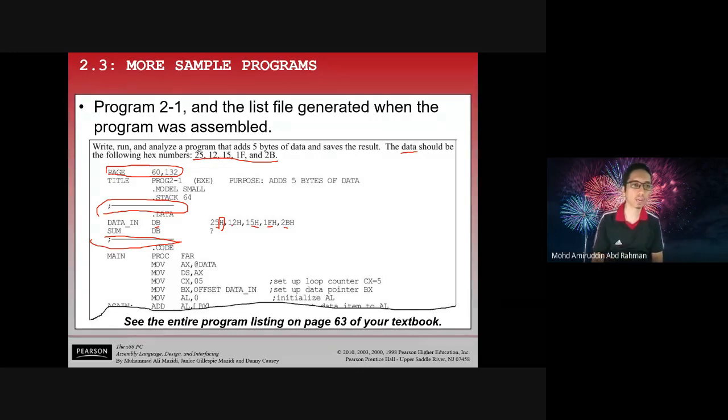So you must define the hex number by putting H at the back: 25H, 12H, 15H, 1FH, 2BH. And we define sum, because we want to add the bytes. So we define sum as byte and we put the question mark over there.